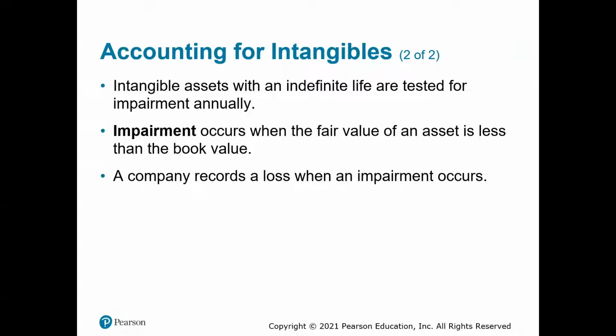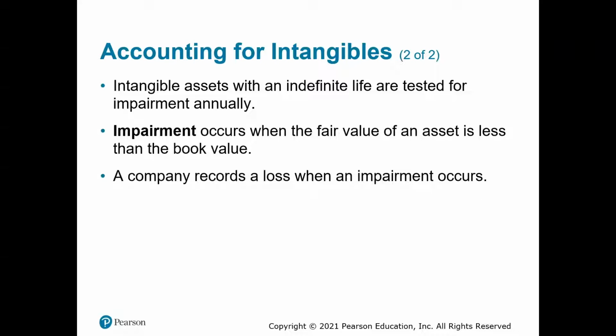Intangible assets with an indefinite life are tested for impairment annually. An impairment is a permanent decline in an asset value. Impairment occurs when the fair value of an asset is less than the book value.